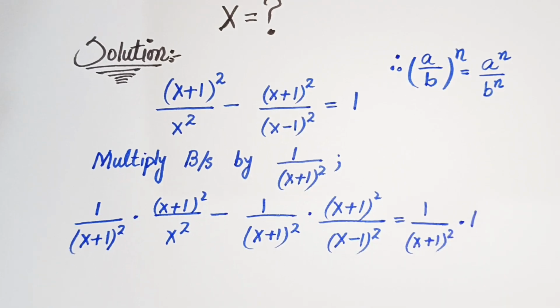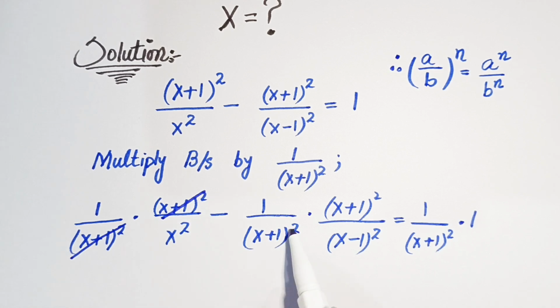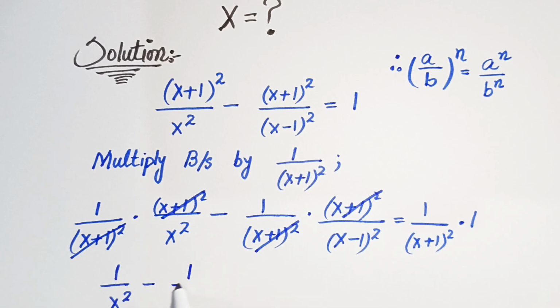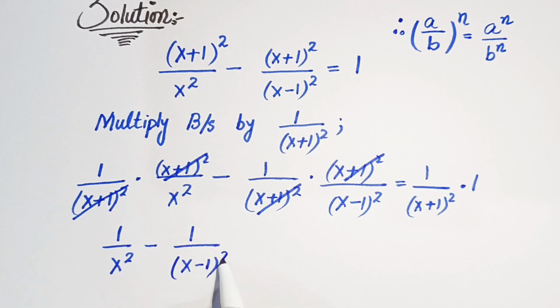Now in this step we see that (x + 1) whole squared can be cancelled, and similarly (x + 1) whole squared is cancelled out with (x + 1) whole squared. So we get 1 over x squared minus 1 over (x − 1) whole squared, which is equal to 1 over (x + 1) whole squared.